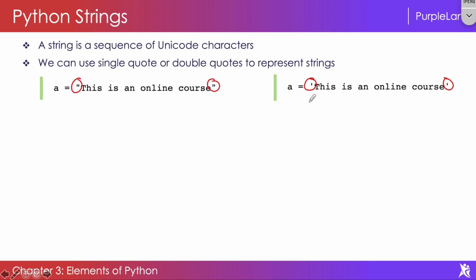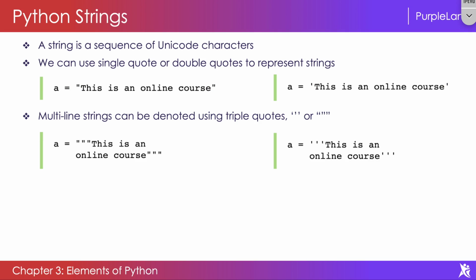Python treats both of them the same. We can have a string spanning multiple lines, and we can denote that using triple quotes. So in this case, if you want to span a string over multiple lines, you need to enclose that particular string with 3 double quotes like this, or 3 single quotes like this.